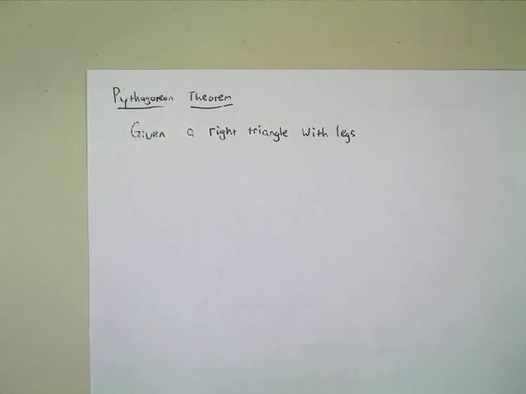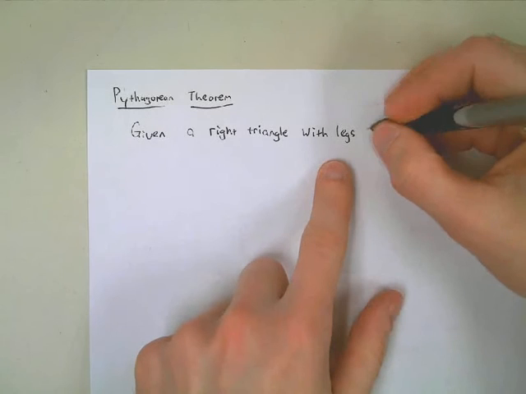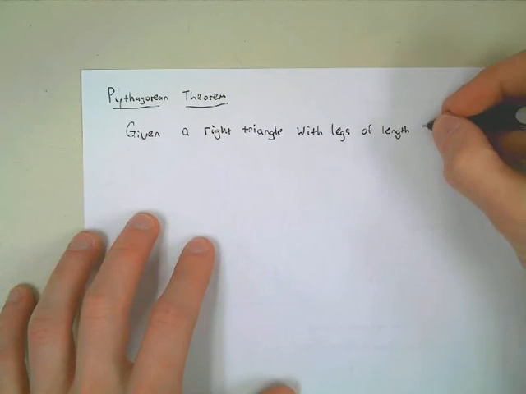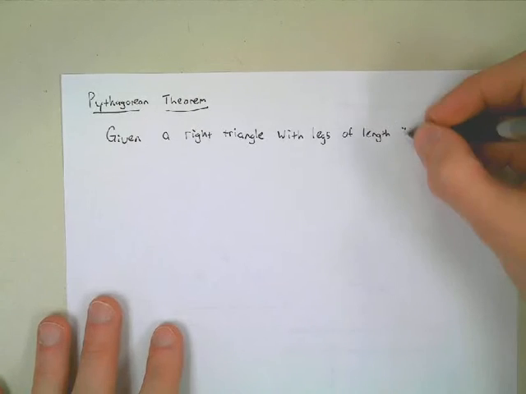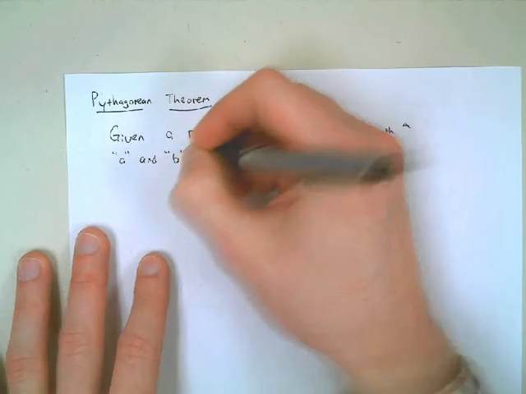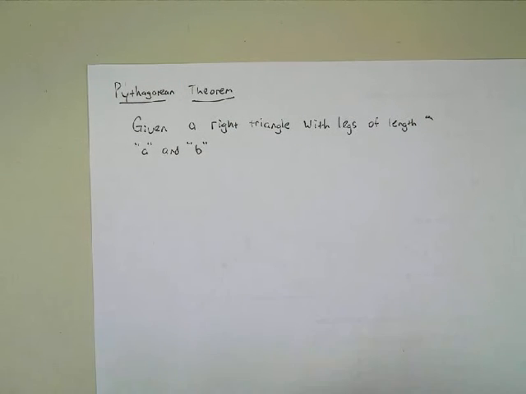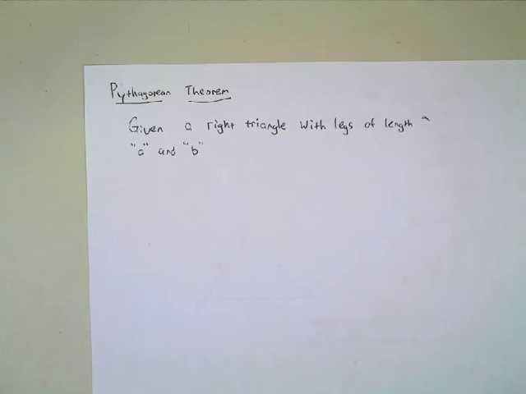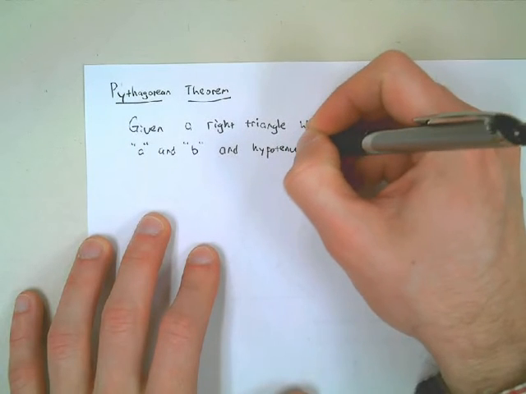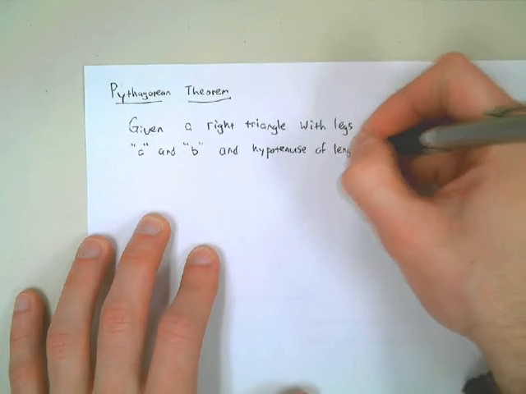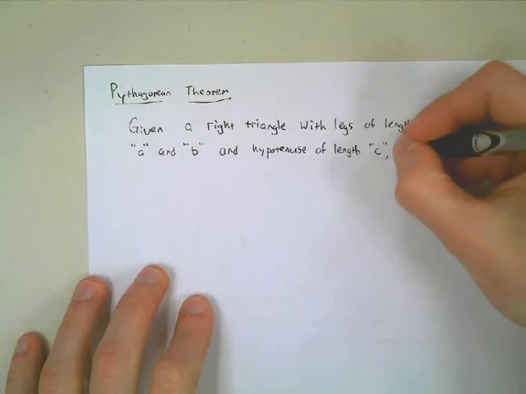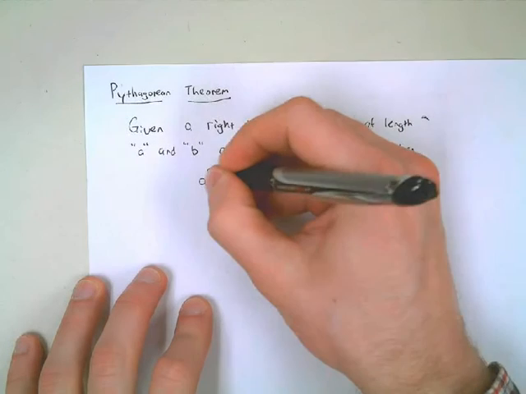So given a right triangle with legs of length A and B, and hypotenuse of length C, then A squared plus B squared is equal to C squared.